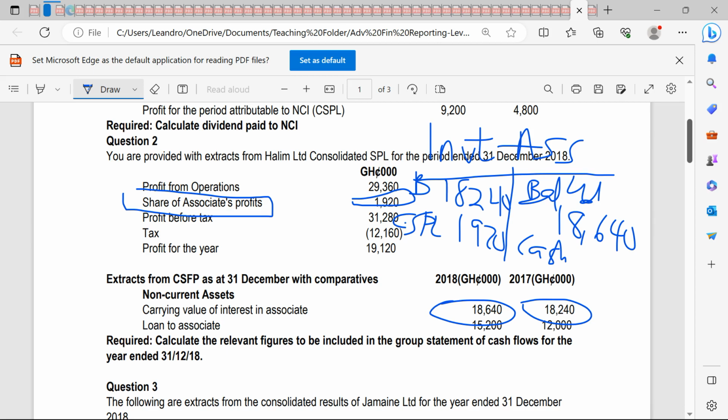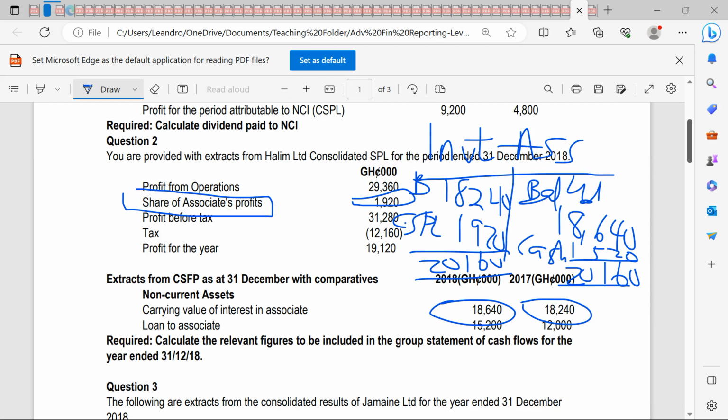You are going to get an inflow of 1,520 because the total is 20,160. So you are going to get a cash difference of 1,520.